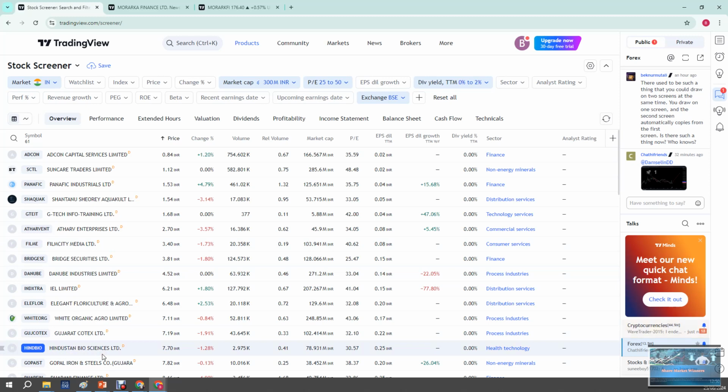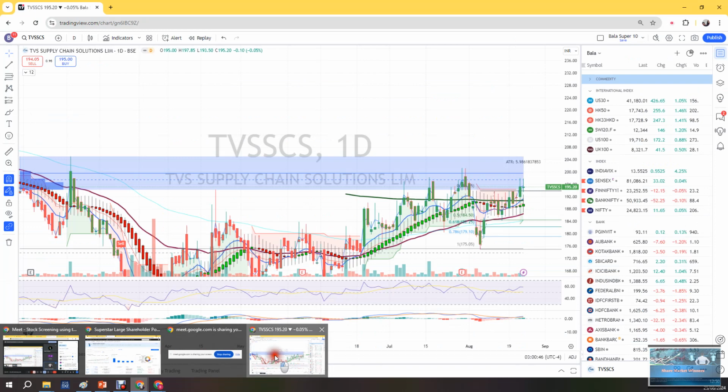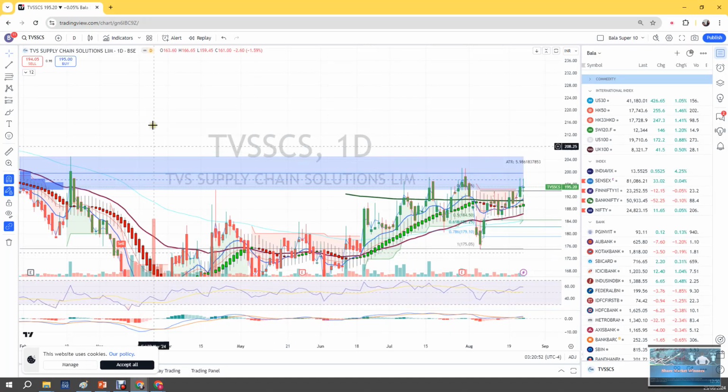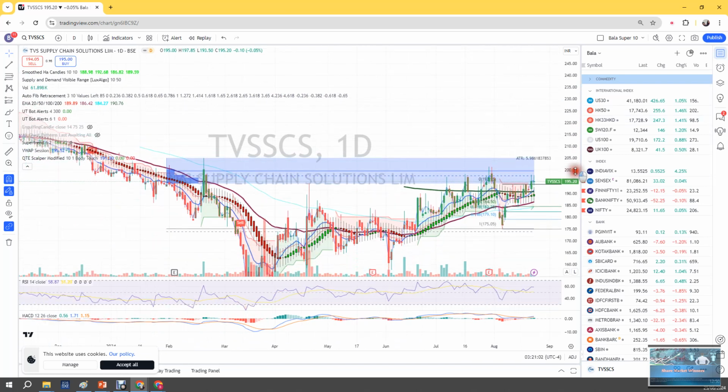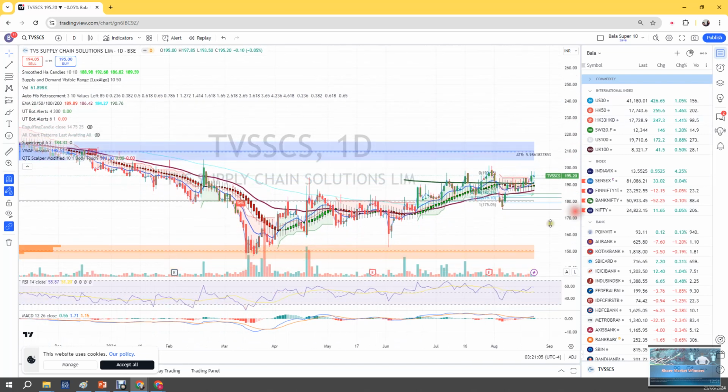Maybe it has a lot of other features. Basically, I use a subscribed version. You can see I have added about 12 different indicators to plot some of this, to understand whether it is in a demand zone or a supply zone.